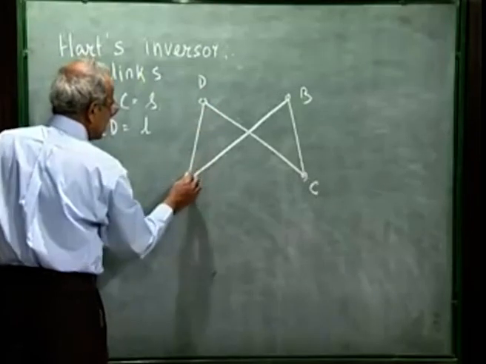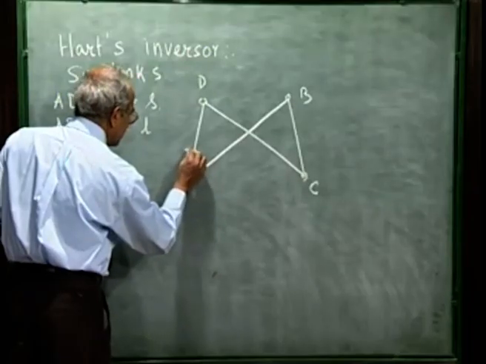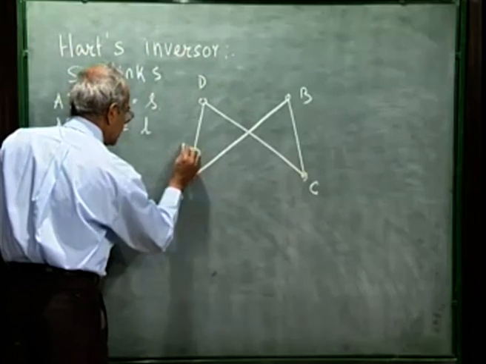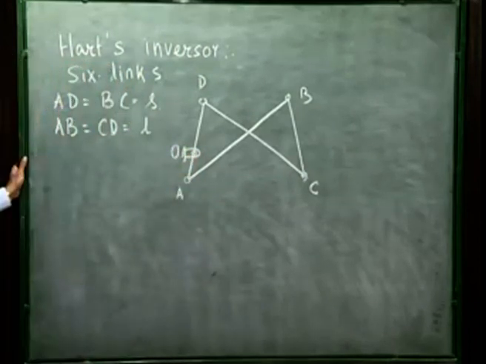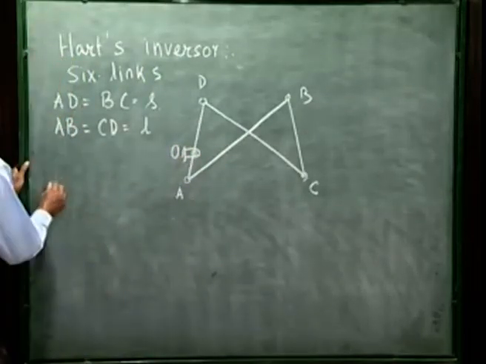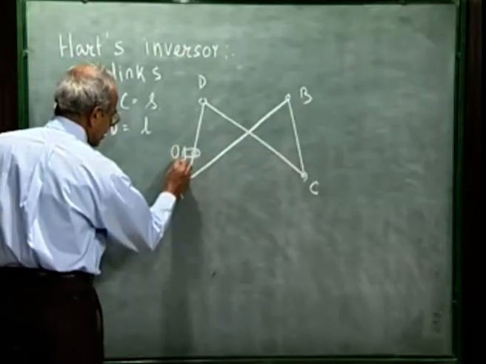Now on this link AD, let me take a point O and make it fixed. This point let me call O. Now if I find the degrees of freedom of this assembly, what we see, we had 4 links and a fixed link.